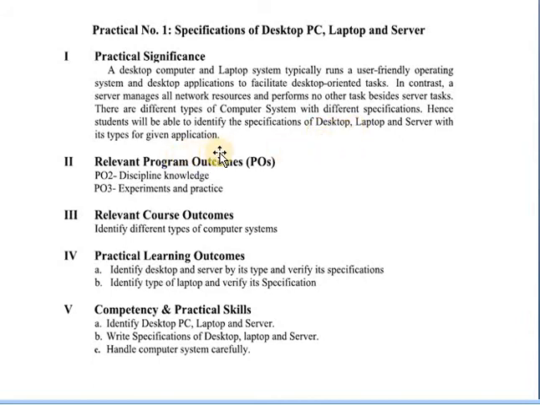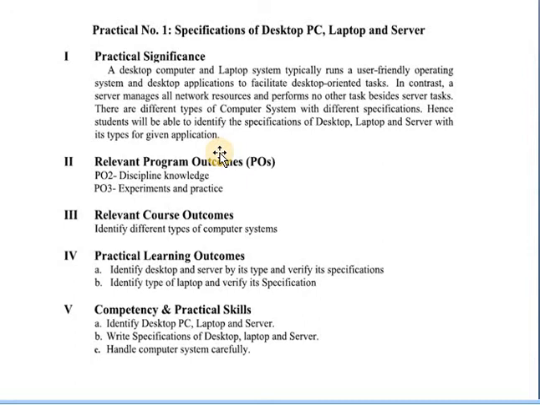There are various types of desktop and laptop, means mini computer, micro, mainframe, supercomputer. These are the types of computers, and their specifications are different, depending on the type. And the main difference between client and server is that a server's function is different as compared to a client.